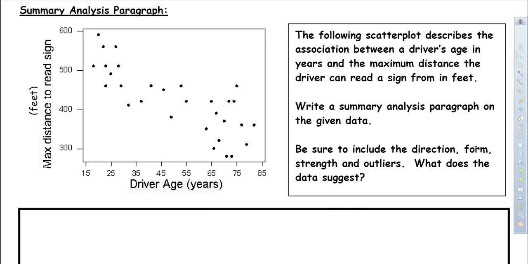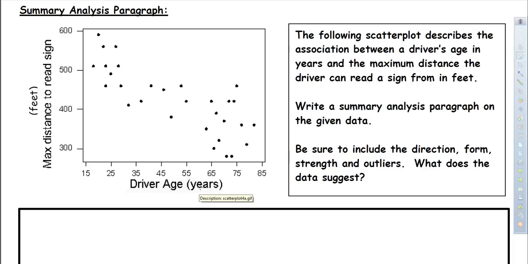Be sure to include the direction, form, strength, and outliers, and what does the data suggest. So here we have the driver's age in years, our x or explanatory variable, and our response or y variable is the maximum distance to read a sign in feet. And, well, what can we say about this? Remember, if it helps, pause the video and think about it for a minute, and then let's continue.